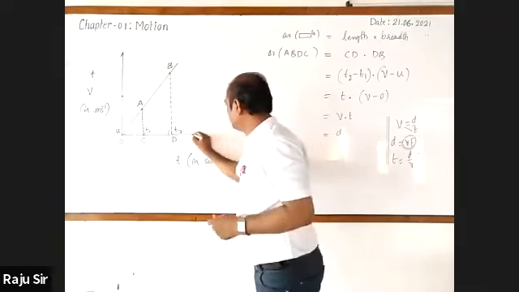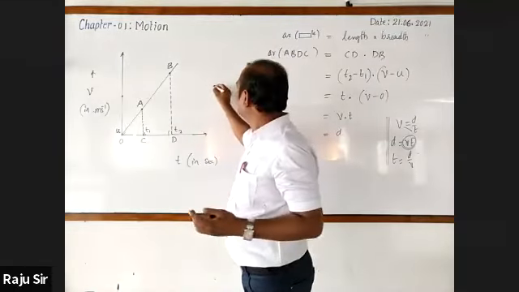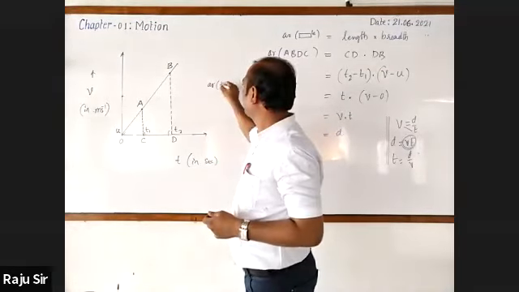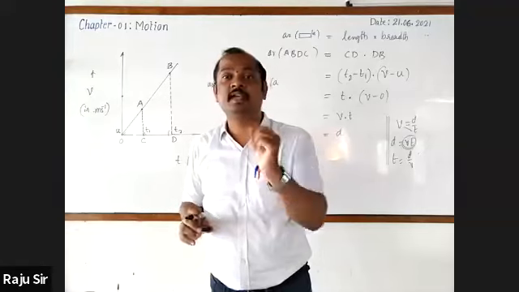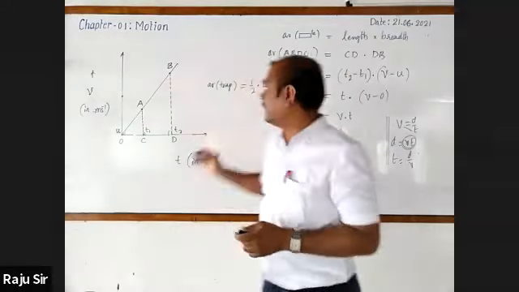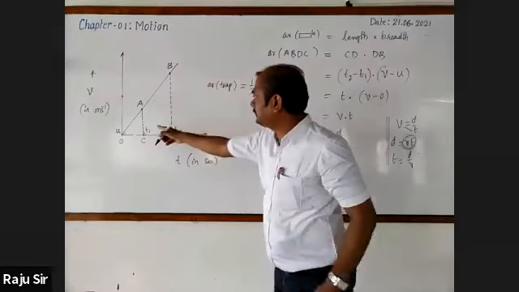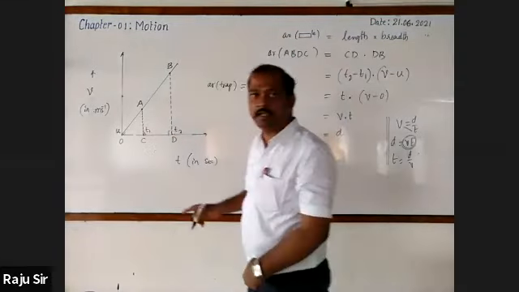Akshay, just recall the formula that we used to find the area of a trapezium. Half into sum of parallel sides into height. Here I take a trapezium ABDC.